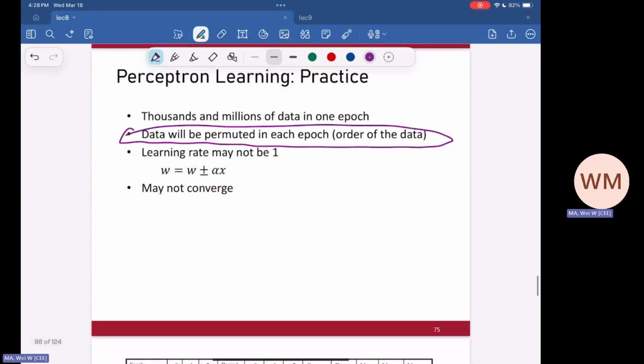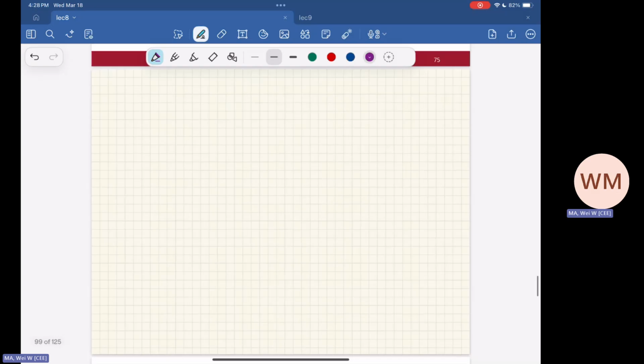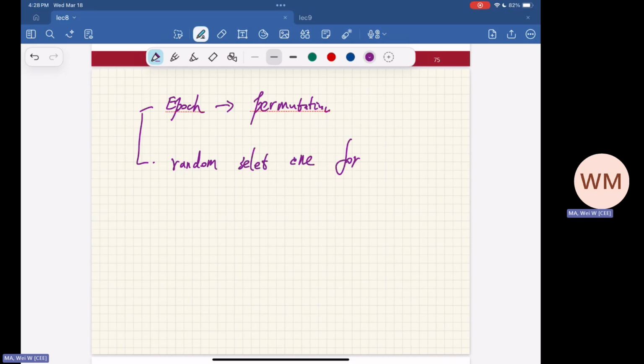Maybe to help you better understand what permutation is, let me ask you. The basic idea is that we need to provide the data randomly. There are 2 approaches. One approach is that for each epoch, you do the permutation. The other approach is that every iteration, you just randomly select one from the data.